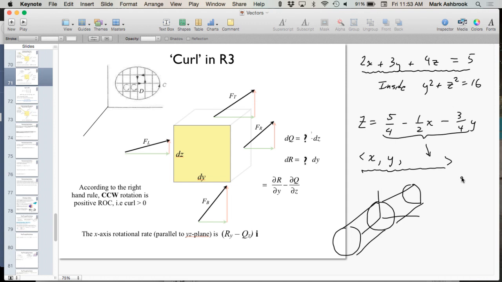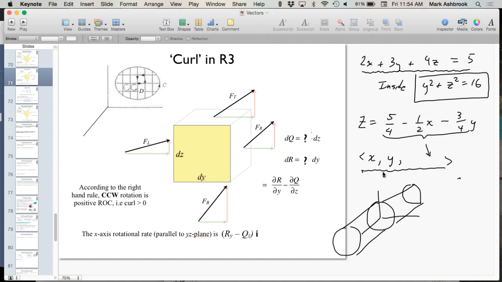Maybe set x equal to something. Right, that's what you want to do. Because of the restriction on something along the x-axis between y squared and z squared, rather than use the parameters x and y, you want to use the parameters y and z.